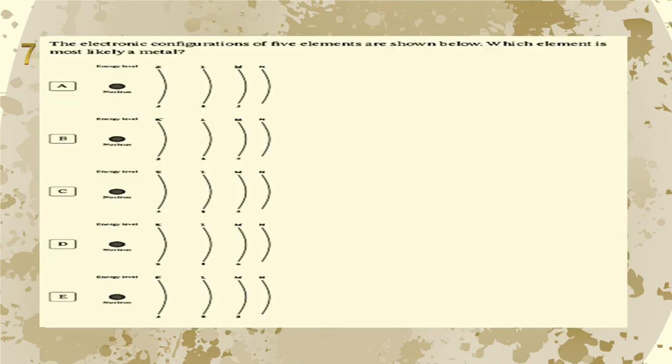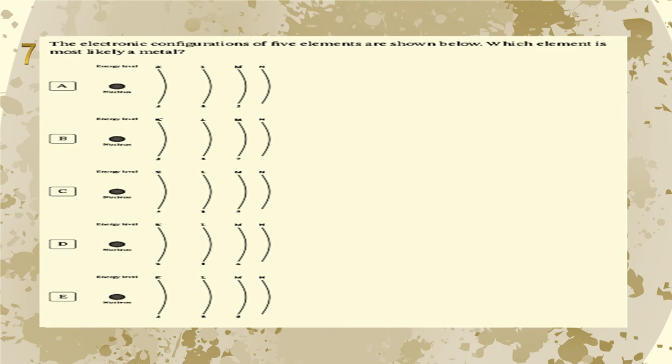Okay, let's go into question number 7. It says that the electronic configuration of 5 elements are shown below. Which element is most likely a metal? What about metal? Metal contains less than 4 electrons in the outermost energy level. So we have here 2 in the outer, 7, 4, and here carbon 4, and here we have 6, and the last one has 7.